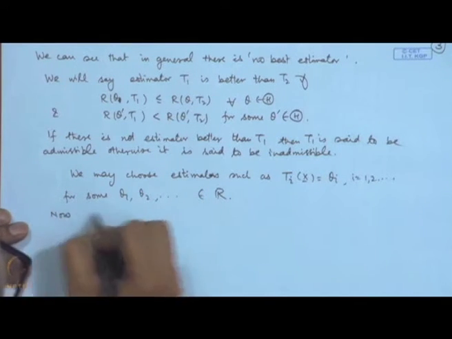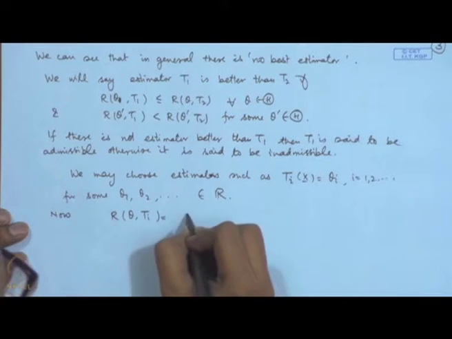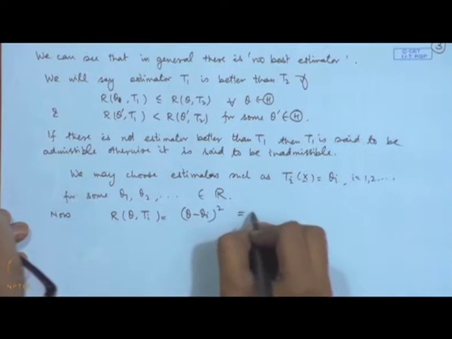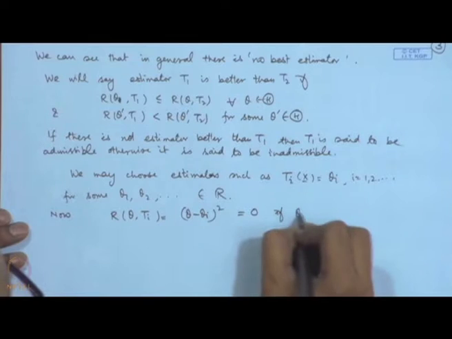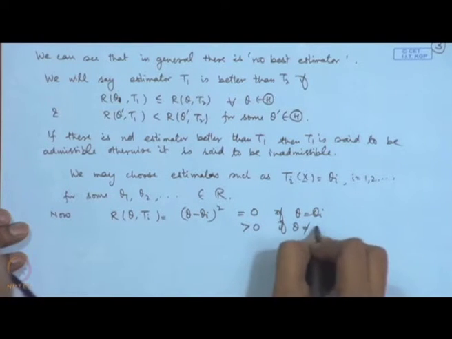Now, if you consider R(theta, t_i), then that is equal to (theta minus theta_i) squared. That is obviously equal to 0 if theta is equal to theta_i, and it is greater than 0 if theta is not equal to theta_i.